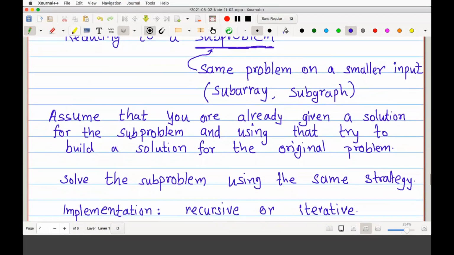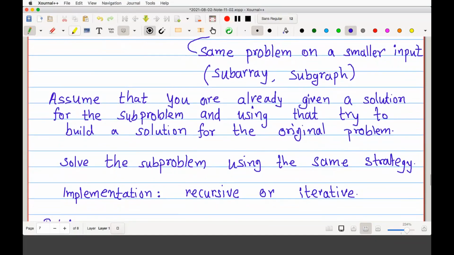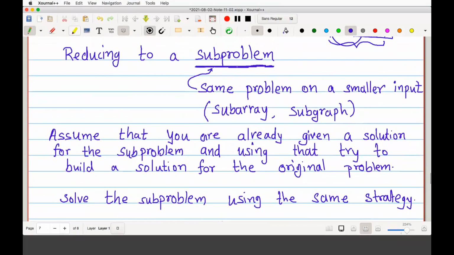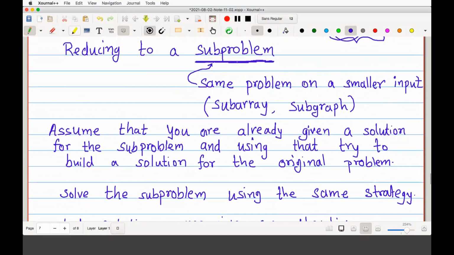So basically we are talking about some kind of recursive or inductive strategy, but the implementation need not always be recursive. You could implement the same strategy in an iterative way also. So recursive or iterative, whichever is more convenient, you can go with that. It's just that when you are designing an algorithm, it's convenient to think in this recursive manner.